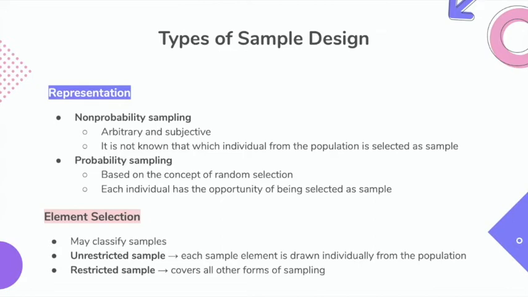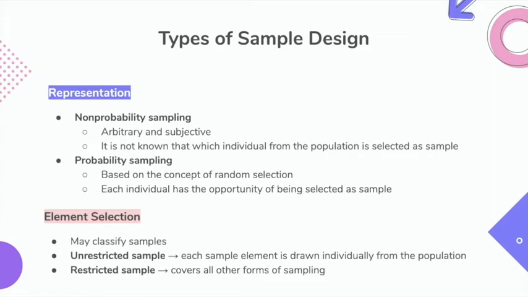The first one is non-probability sampling, which is arbitrary and subjective. Each member of the population does not have a known chance of being included, and it is non-random sampling. The second one is probability sampling. It is based on the concept of random selection, a controlled procedure that assures that each population element is given a known non-zero chance of selection.